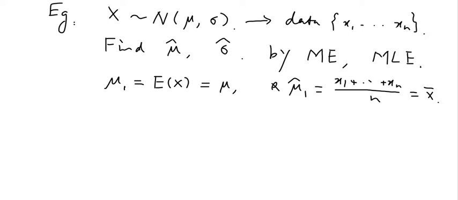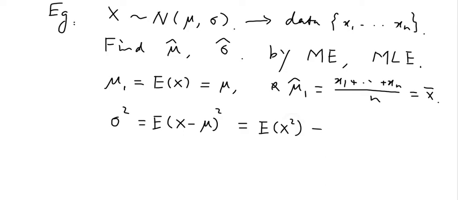So we let x bar estimate mu. For the variance sigma square, we have this formula: the variance, according to the definition, is E of (X minus mu) square, which equals E[X square] minus (E[X]) square, or in terms of mu1, mu2, it is mu2 minus mu1 square.